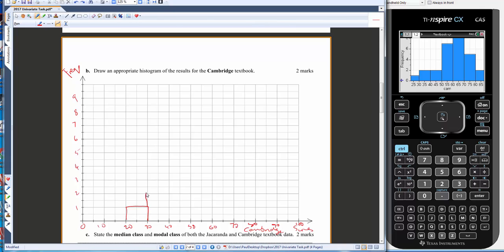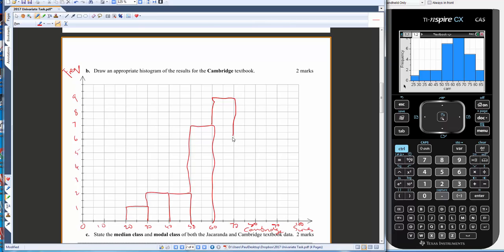Then it was a 2, followed by another 2, followed by a 7, then a 9. So there's the 7. There's the 9.